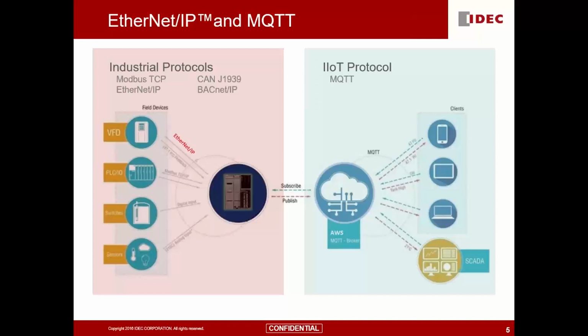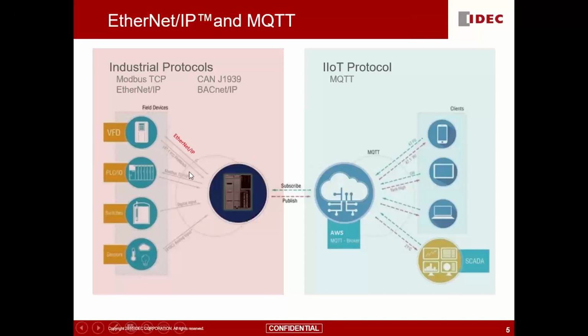On this slide, I want to show you a quick overview of the different industrial protocols and then the MQTT protocol, which we are planning to support at the end of this year. I know this has been pushed back. MQTT was supposed to be launched at the same time as EtherNet/IP, but we need more study and research to make sure that we can support this 100%. So MQTT is pushed back.